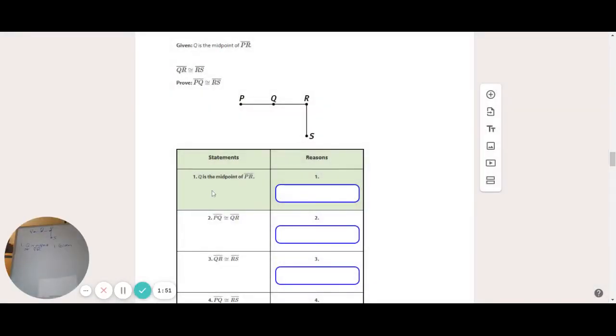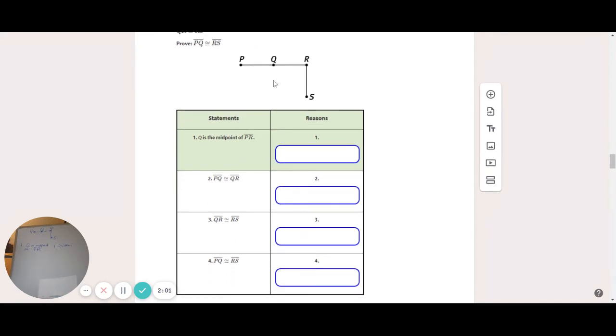So if Q is in the middle, we can then say PQ equals QR. Look, PQ equals QR. How do you know that? If Q is the midpoint, does that mean that both sides are congruent? Yes. Why does it mean that? Because that's what it means to be a midpoint. It's in the middle, meaning both sides are equal.